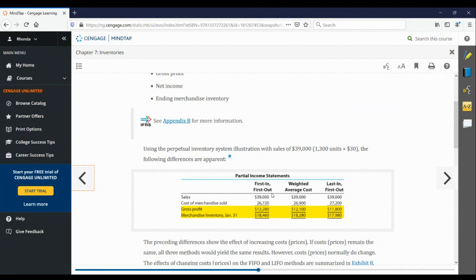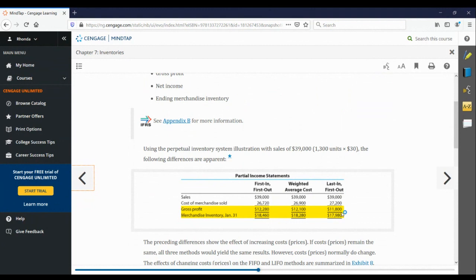You'll remember we talked about the first in, first out method. In the first in, first out method, if we were using the perpetual inventory system, our gross profit will end up being higher than it is under the LIFO method.